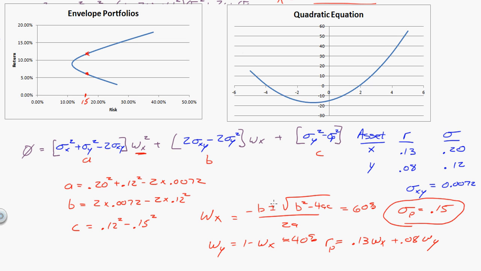You do a plus and a minus, so maybe that was when I did the plus. And then if I do it with minus, instead of getting 60%, maybe I get 30% and 70%. So then 30% goes in here, 70% goes in here. See which one has the highest return, and you want the one with the highest return. Now in this case, I can tell you the one with the highest return is the one that has the most weight in X, because portfolio X has the highest return.